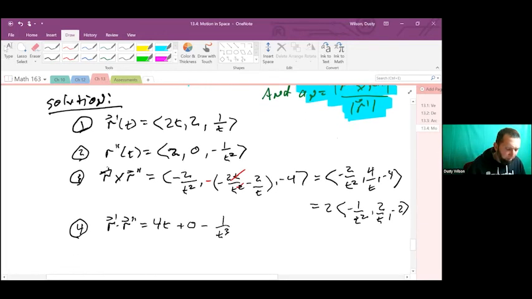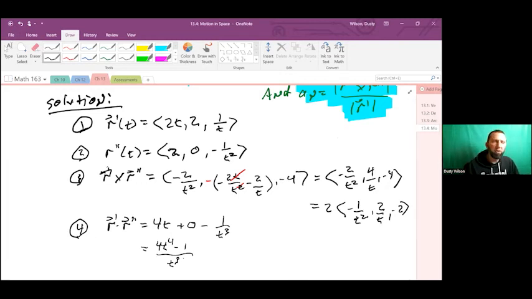We can probably simplify that a little bit if we give it a common factor. That would be like 4t to the 4th minus 1 over t cubed. Okay, so we have our dot product, we have our cross product.